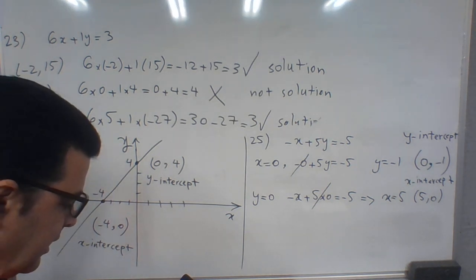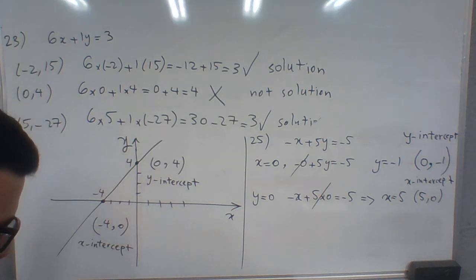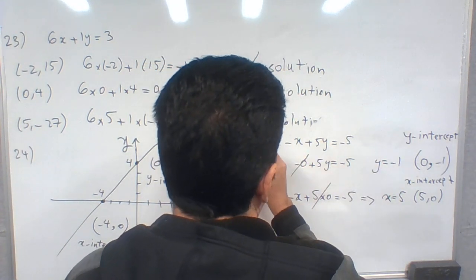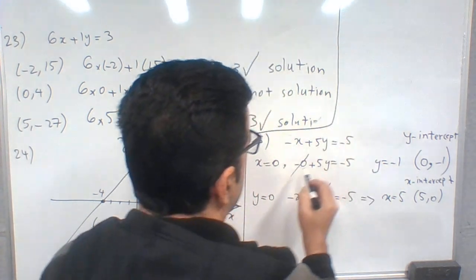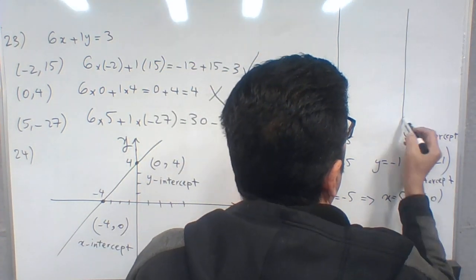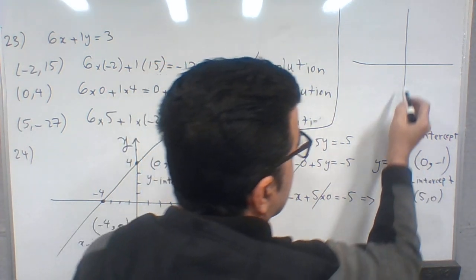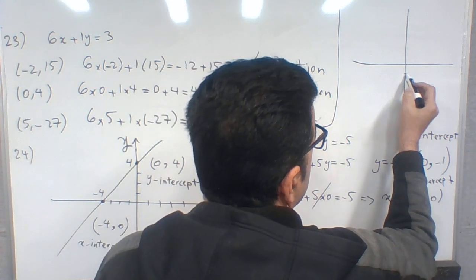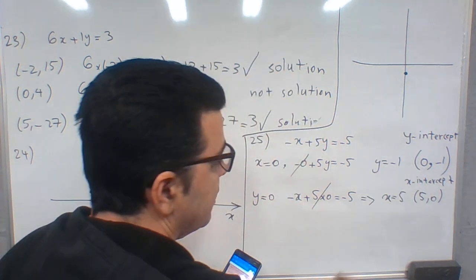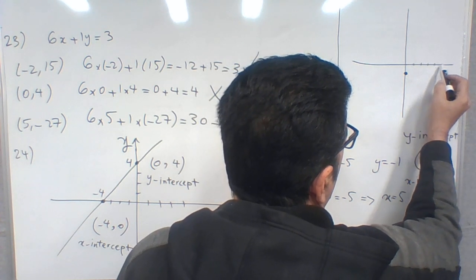Okay, using the intercepts from above, draw the graph of the line. Okay, so I draw here. So this is continued on top. We have two intercepts, 0 and negative 1 here. This is 1 point on the line. And then 5 and 0. 1, 2, 3, 4, 5.